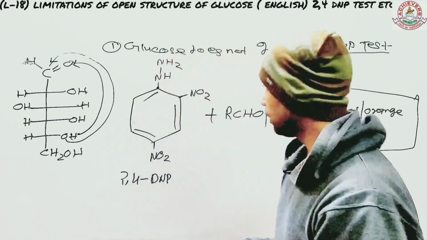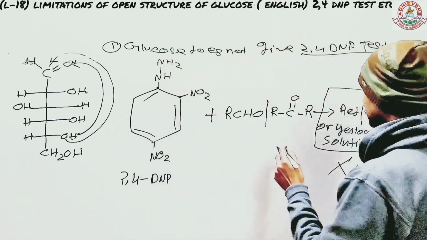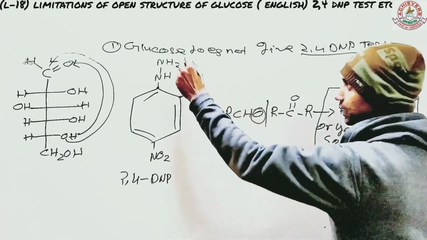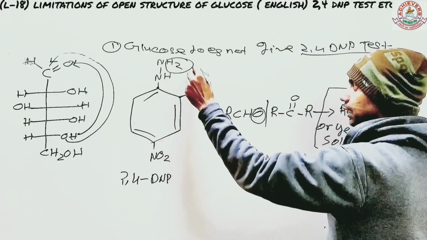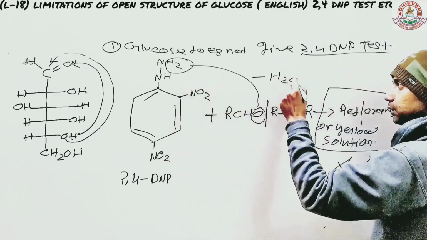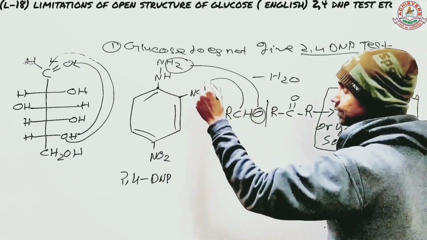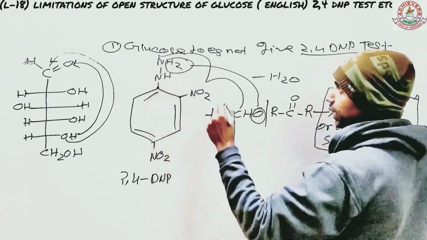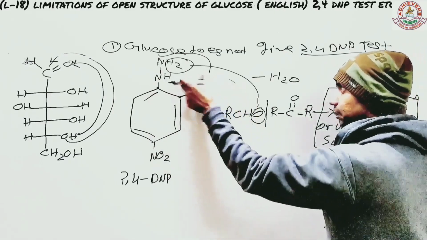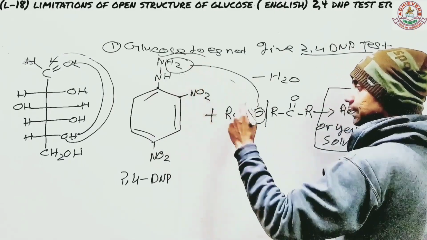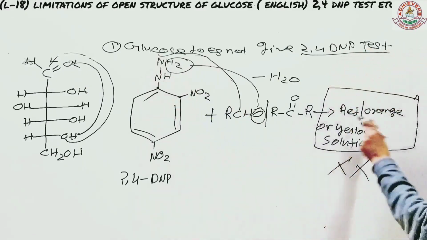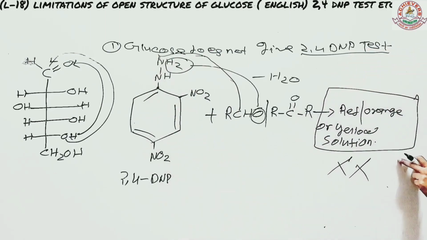Let me tell you a bit more about that. What happens during the reaction is that the aldehyde oxygen and 2 of the hydrogens from there together form a water molecule, and this carbon bonds itself to the nitrogen, and that's why it forms a red, orange or yellow solution.